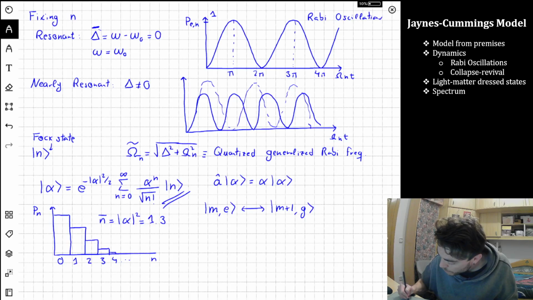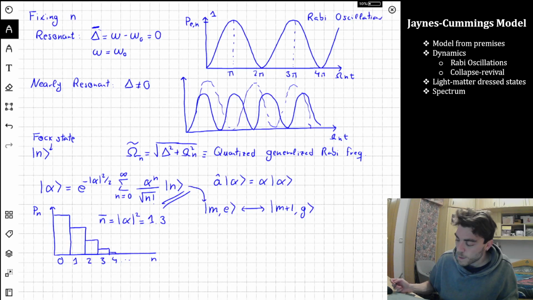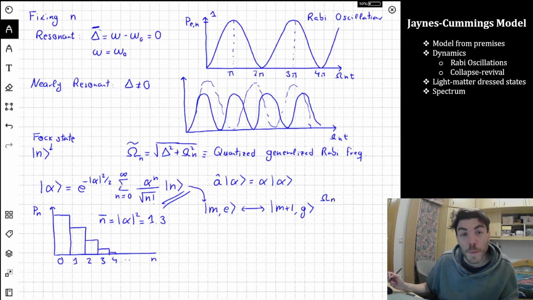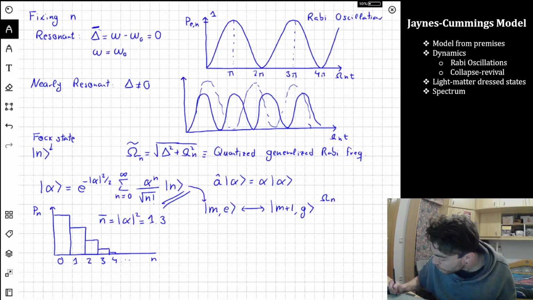Each substate is going to do that, and each of them with a different phase. Or, in another way of looking at it, this Rabi frequency depends on the number of photons, so it depends on this m here.